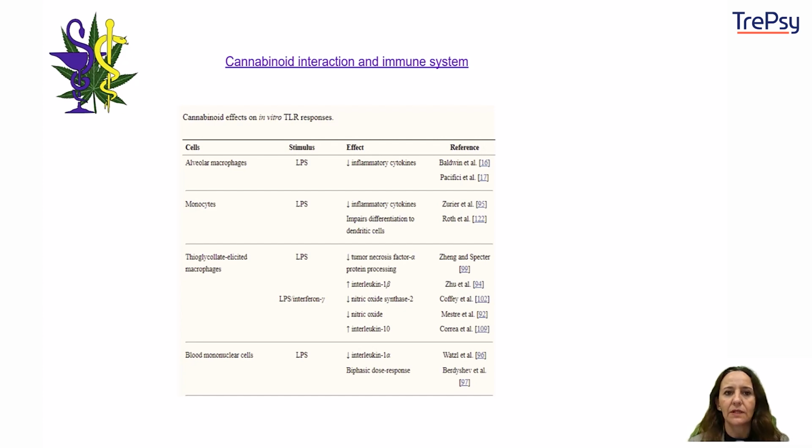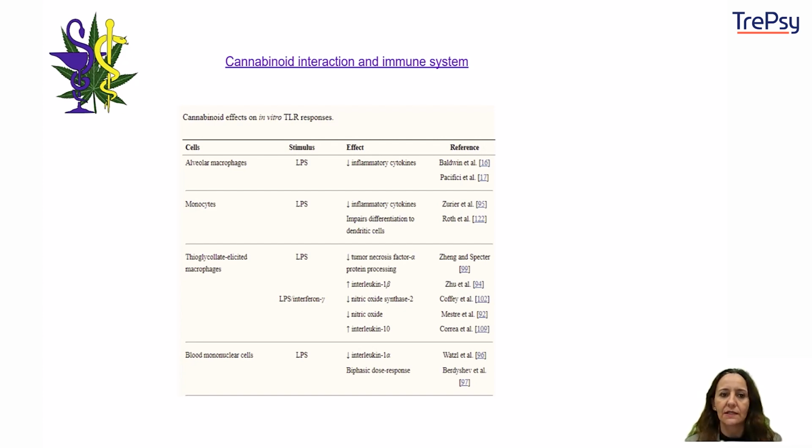So, for example, if we have a look at the collaboration and effect of TLR responses, the ones activated by toll-like receptors in different cells, you can see that, for example, in alveolar macrophages present in lung, when they are activated by LPS, we can observe that the cannabinoid system allows a reduction of inflammatory cytokines.